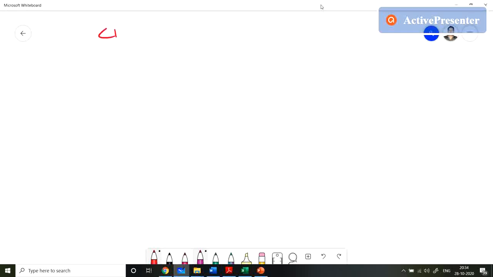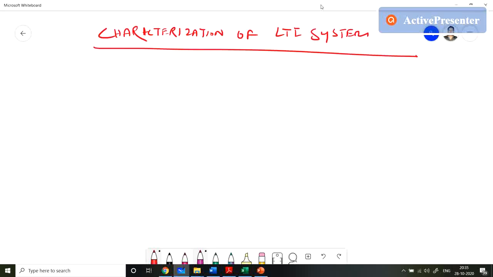So characterization of LTI system in terms of Z transform.